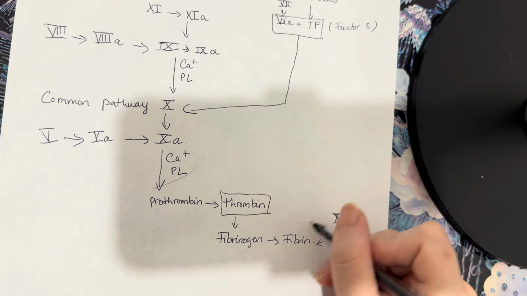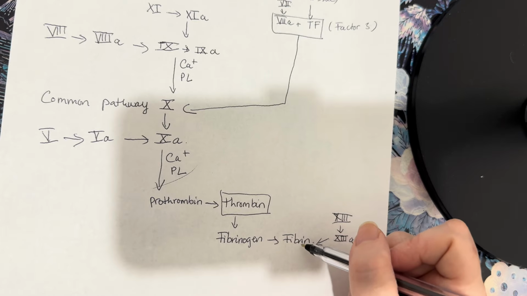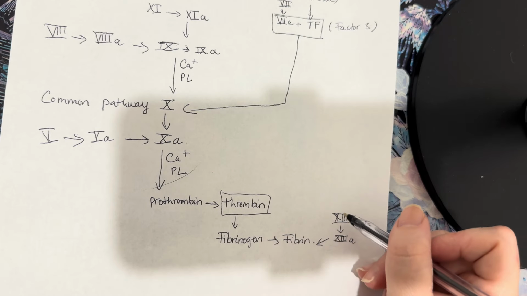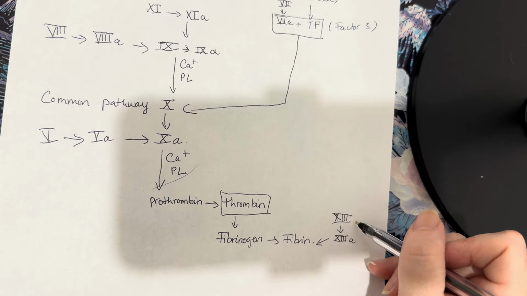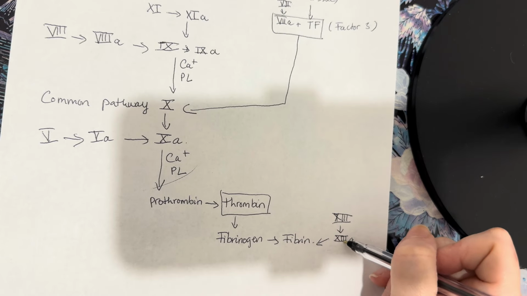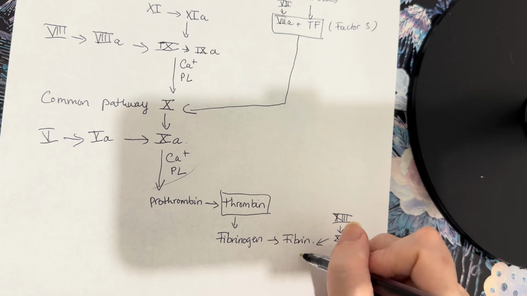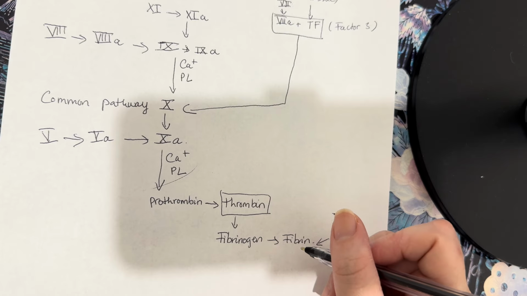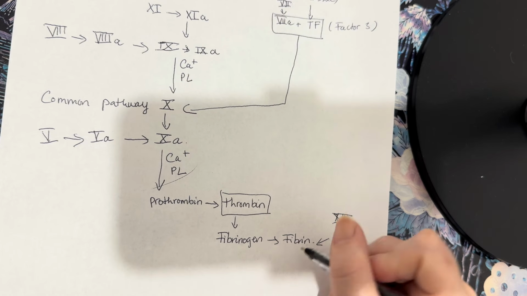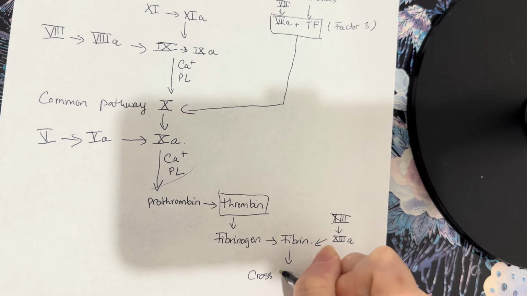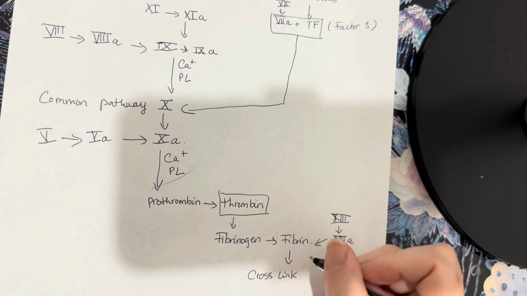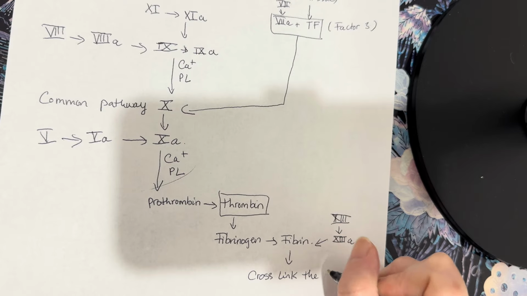This will help fibrinogen convert to fibrin, and to help stabilize the fibrin, we will have 13A. The factor 13A will help to stabilize the fibrin and become a cross-link, the fibrin strand.